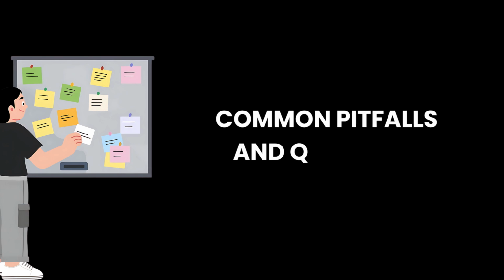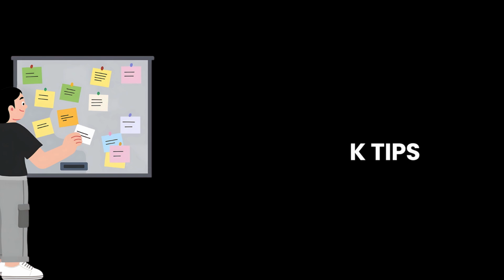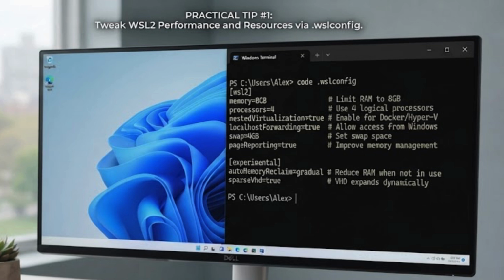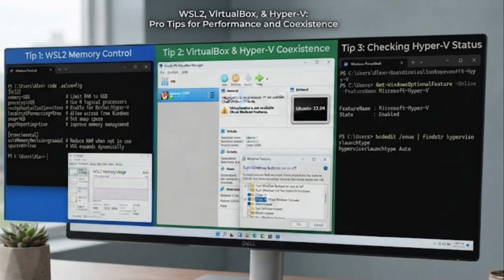Common pitfalls and quick tips. A few practical tips before we wrap up, things that would have saved me time if someone had told me up front. 1. If WSL2 is eating more memory than expected, create that .wslconfig file in your Windows user profile folder and set explicit memory and processor limits. 2.